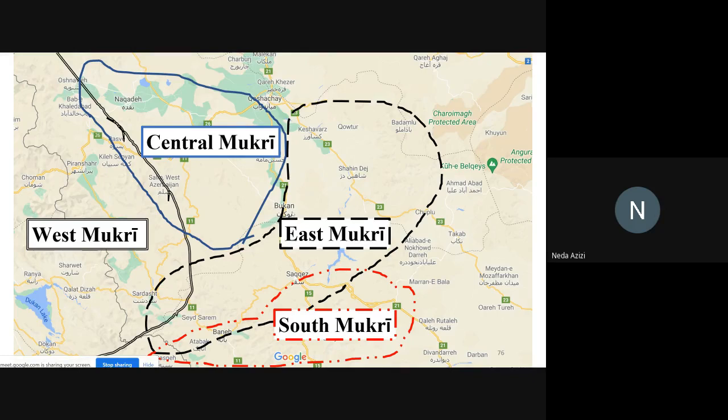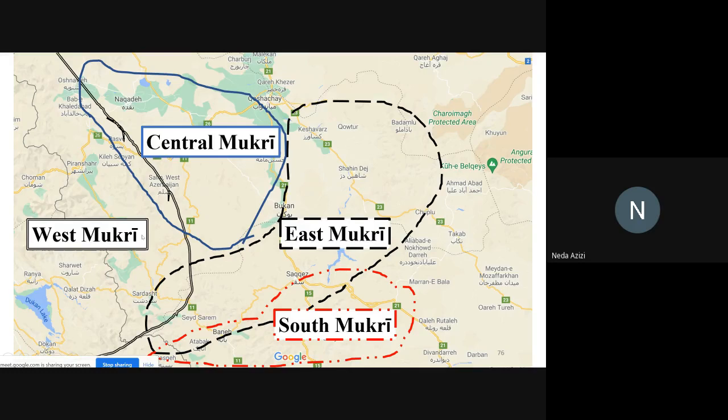Based on these features that I presented and several others, I can conclude that the most divergent region is the area between West and East Mukri, basically here.